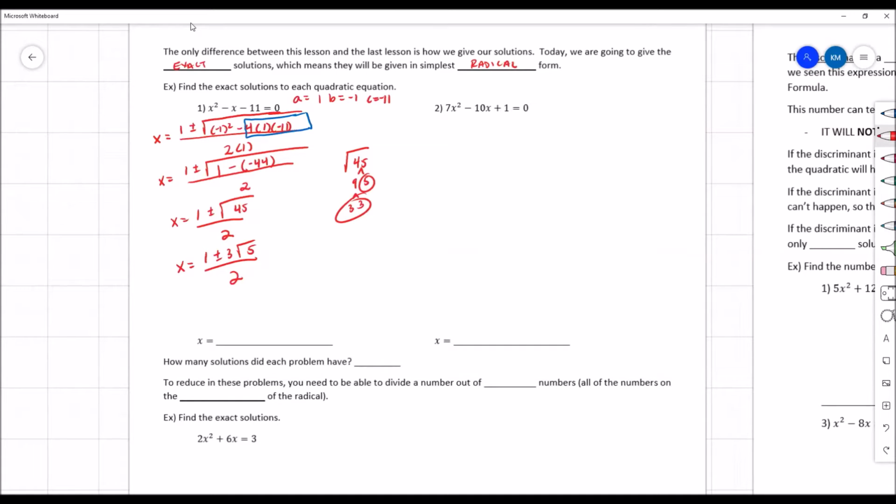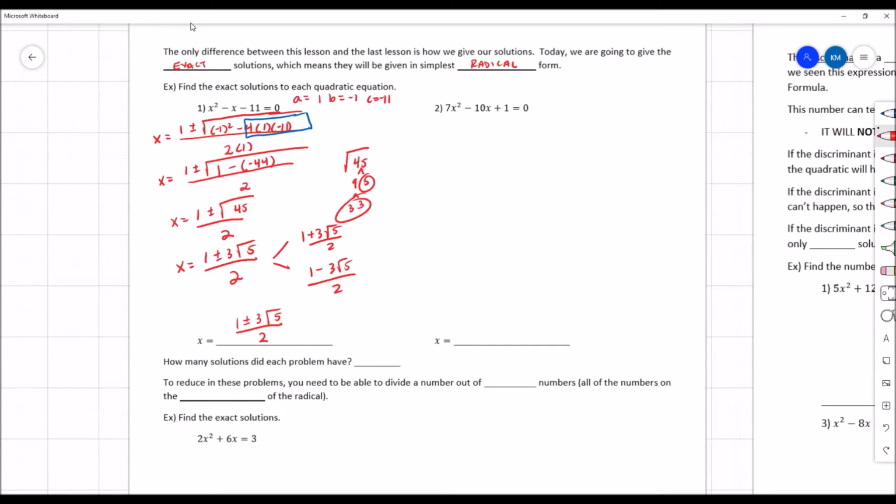Now as we split this, 1 plus 3 radical 5 over 2 and 1 minus 3 radical 5 over 2, there's not a whole lot that we can do to simplify it any further. So we'll just write our final answer as 1 plus or minus 3 radical 5 over 2.